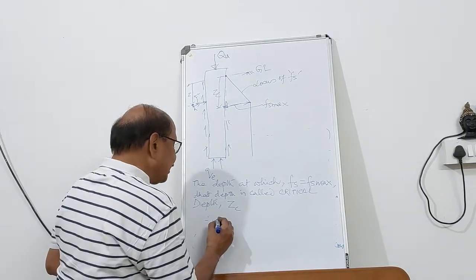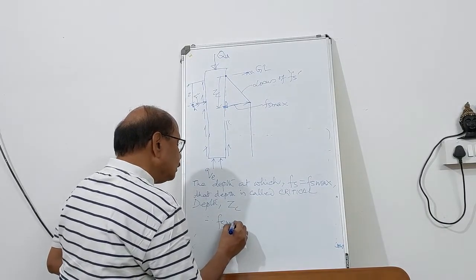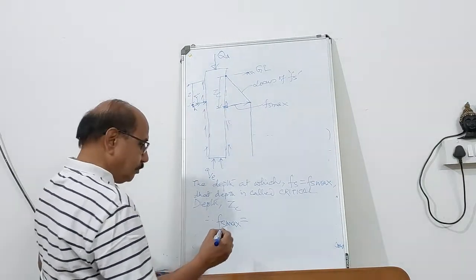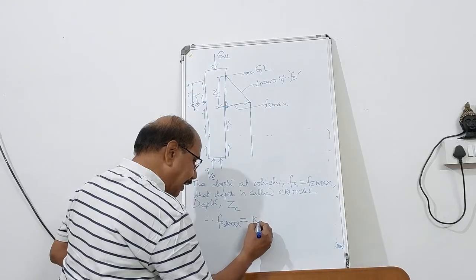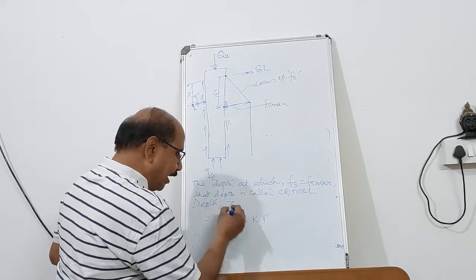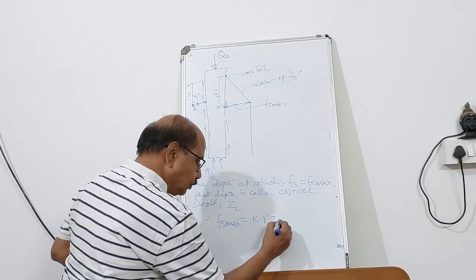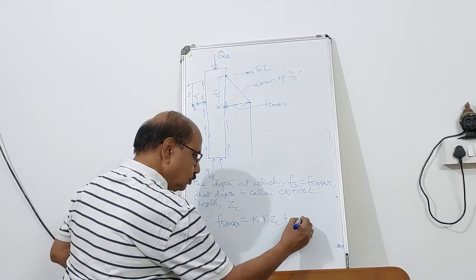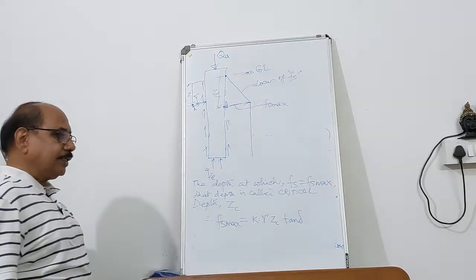Therefore, Fs max, the maximum unit skin friction magnitude will be K into gamma prime, replace Z by Z critical, into tan delta.